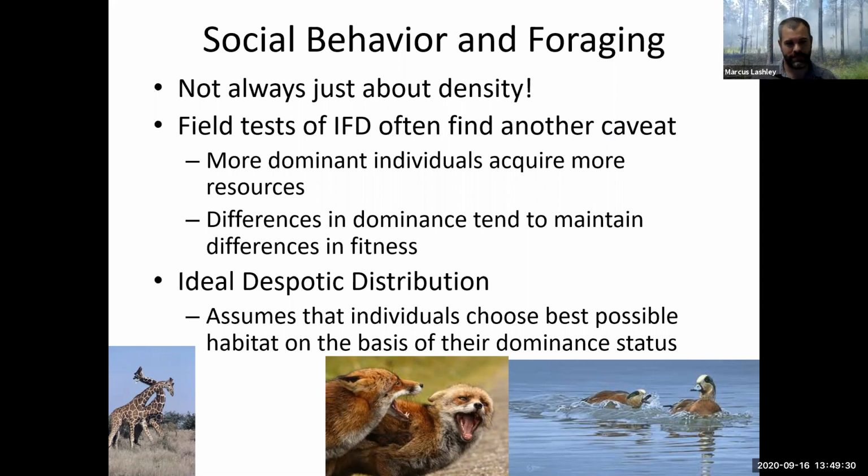And that's based on this idea that the most dominant individuals are going to choose the best possible habitat, and then everybody else sort of has to choose between what's left, right? So the dominant individual is not normally making up the majority of the population. The subordinate individuals are, and in that case, density would actually predict the quality of the patch incorrectly.